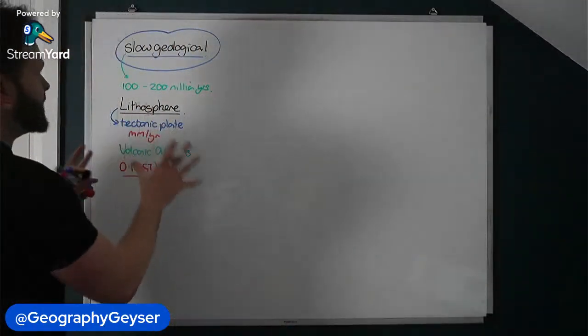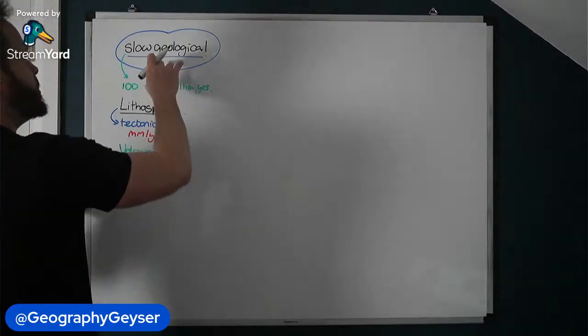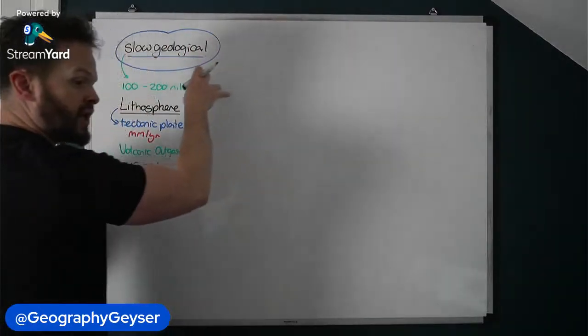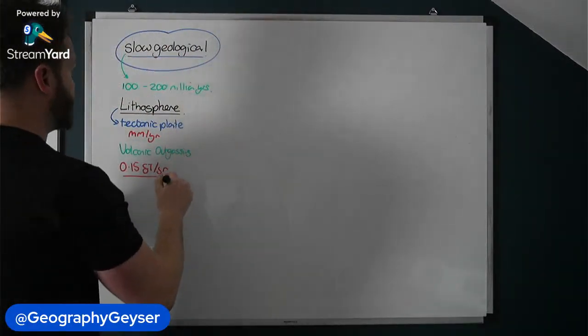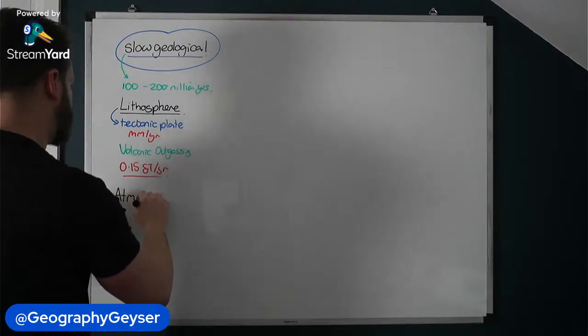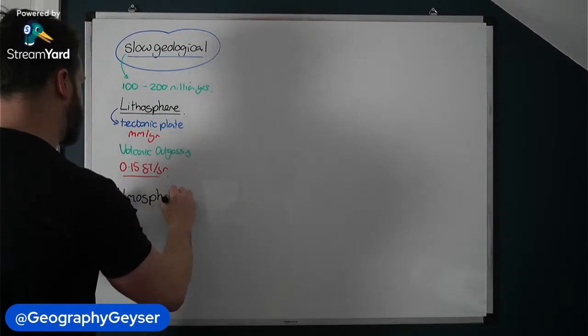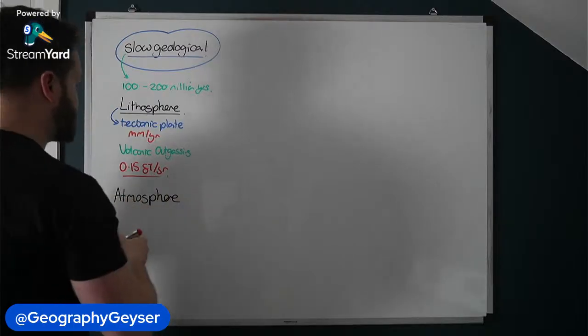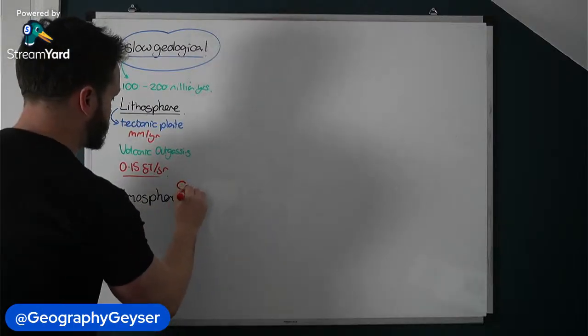Our link point, and how we move between the slow geological and the fast biological cycle, is, as we stated last week, that carbon has made its way into the atmosphere in the form of CO2.